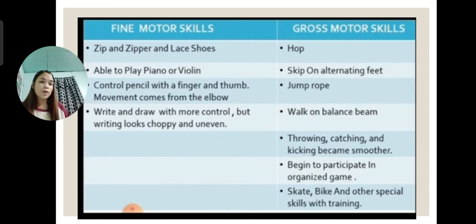For example, hop, skip on alternating feet, jump rope, walk on balance beam, throwing, catching, and kicking become smoother, and begin to participate in organized games, and skate, bike, and other special skills with training. So, mao na ang gross motor skills. Mao na lang kalahian sa fine motor skills o sa gross motor skills.